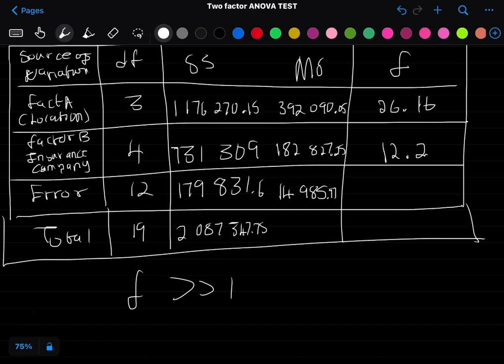But if it's reasonably close to 1, then our null hypothesis is true, so we do not reject it.